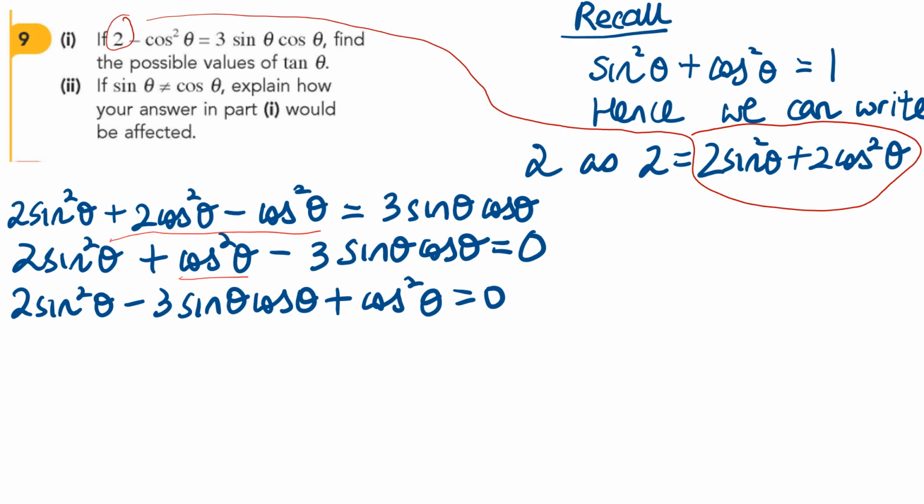And then what I've done is that I bring this term to the left hand side. And then what do I end up with? I actually end up with a quadratic equation.